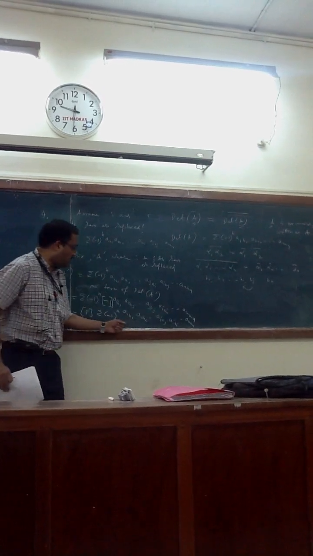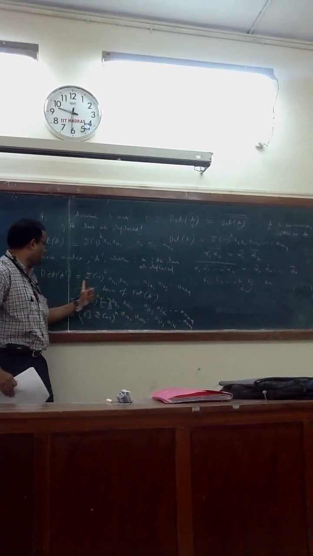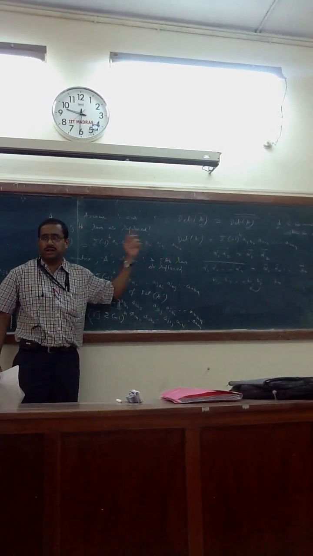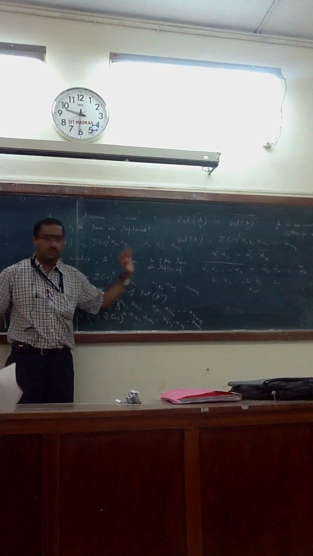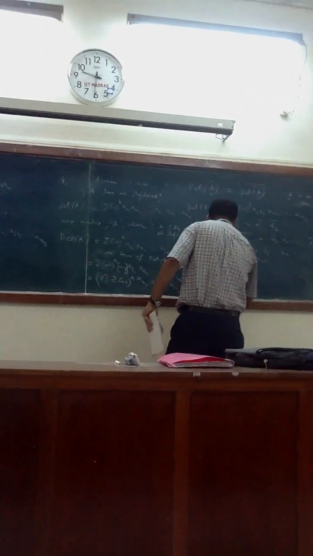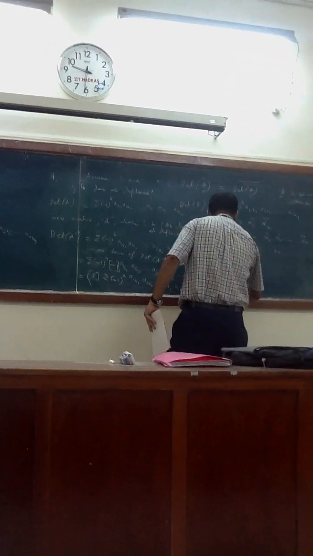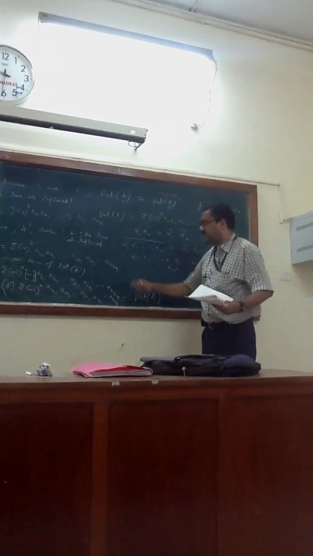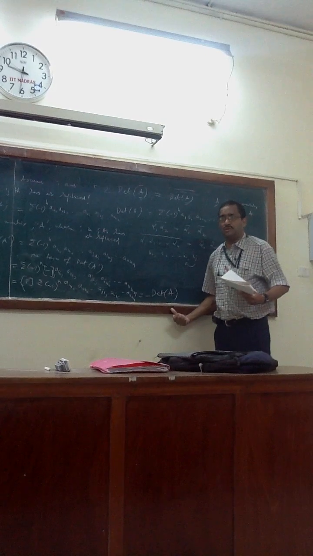Forget about the order, the terms are the same, like 2 into 3 or 3 into 2, both are same. So it is nothing but minus determinant of A. So you see that if one row has been interchanged, determinant of A prime is nothing but minus determinant of A.